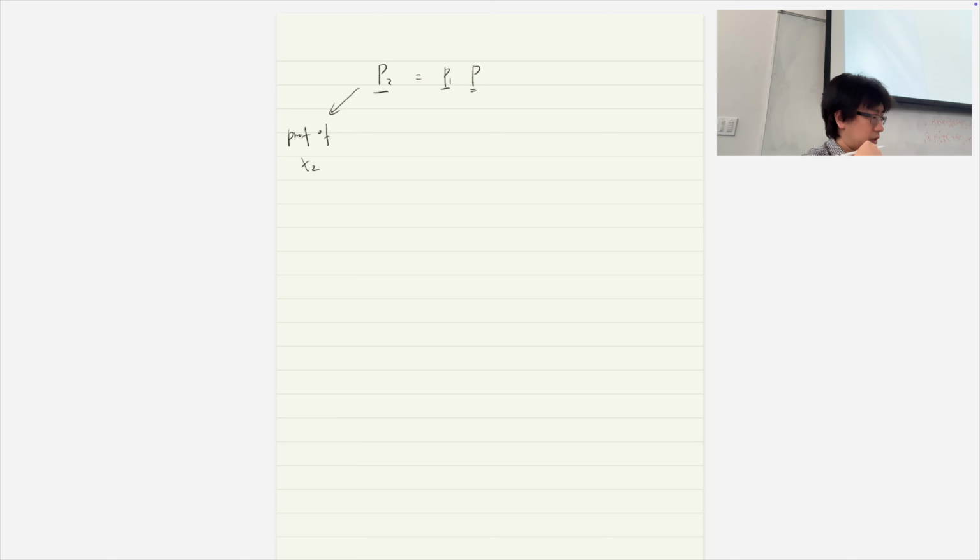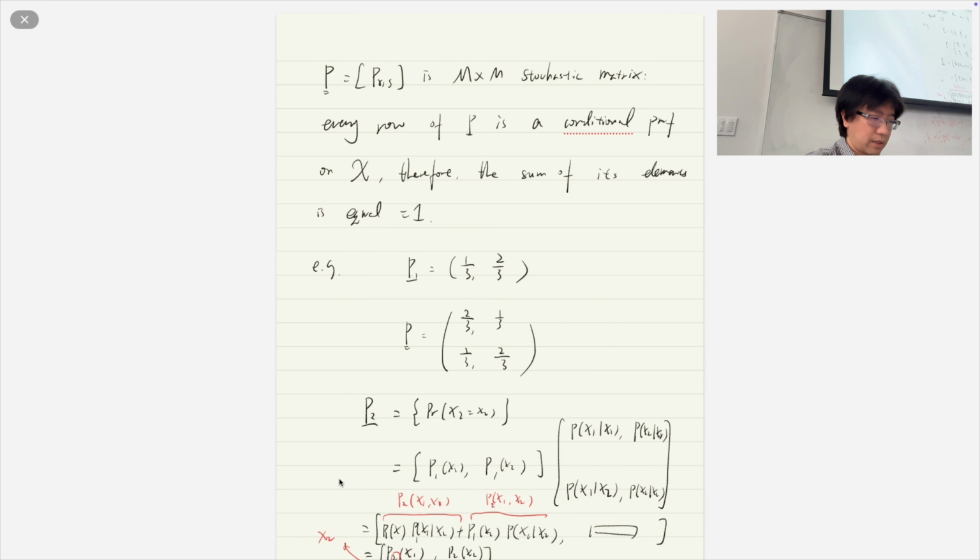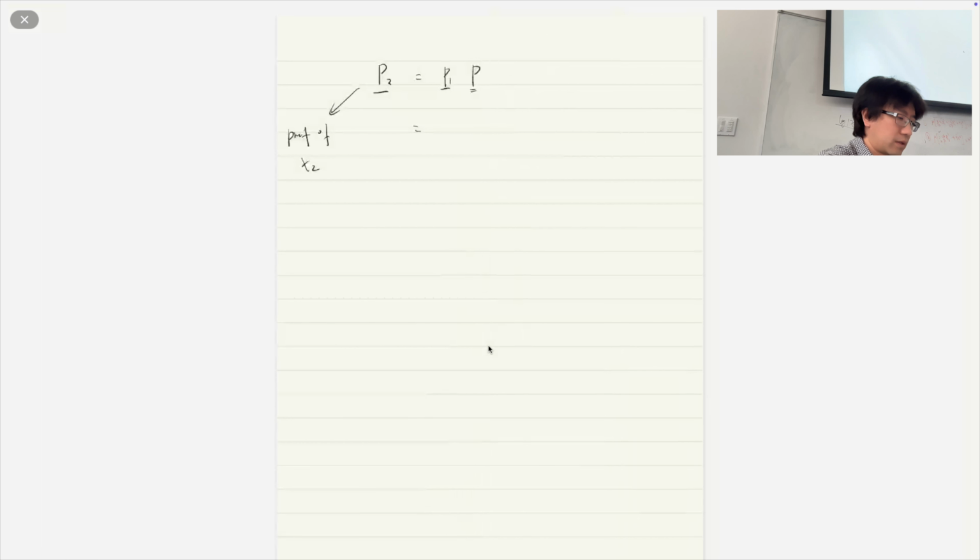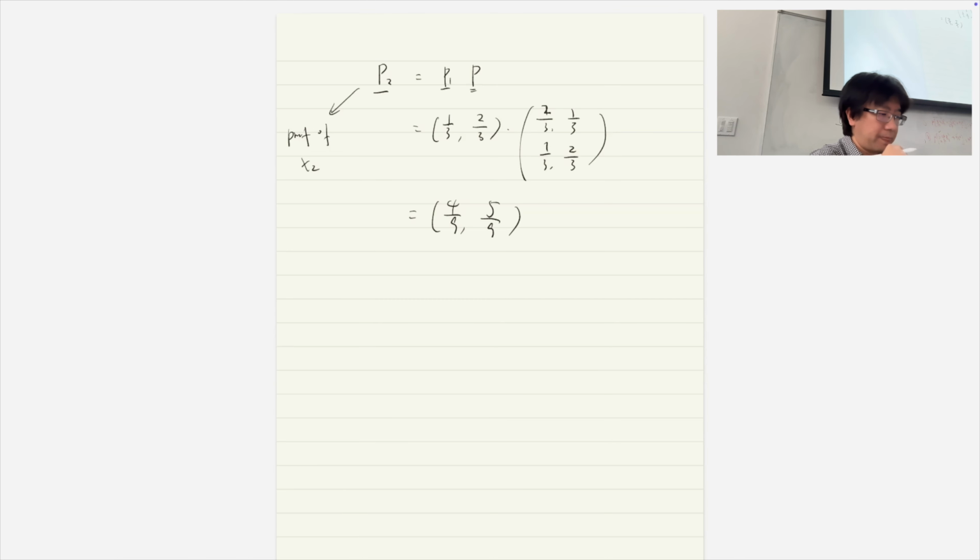So we have P1 equal to this, and P equal to this, right? So basically we get 1/3, 2/3 multiplied by the matrix 2/3, 1/3, 1/3, 2/3, right? And then we get 4/9 and 5/9, right? So that's basically the result. So this is the distribution of x2.